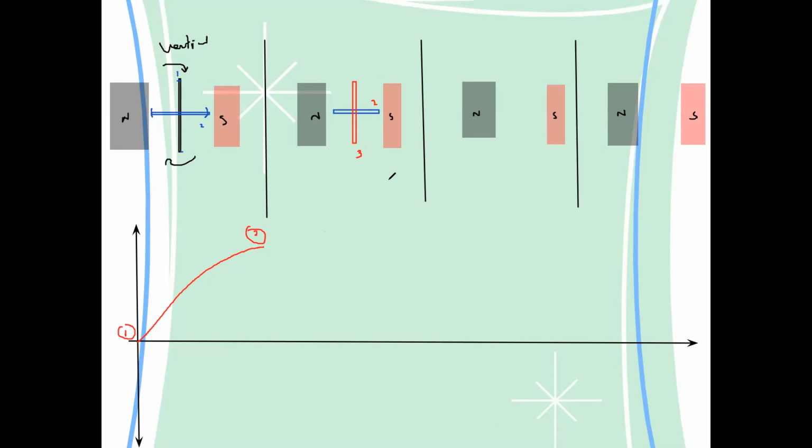The strength of the magnetic field will decrease, so the induced EMF will also decrease. So moving from position 2 to position 3, the change in the magnetic field will decrease. Then from position 3, it moved from position 3 to position 4.